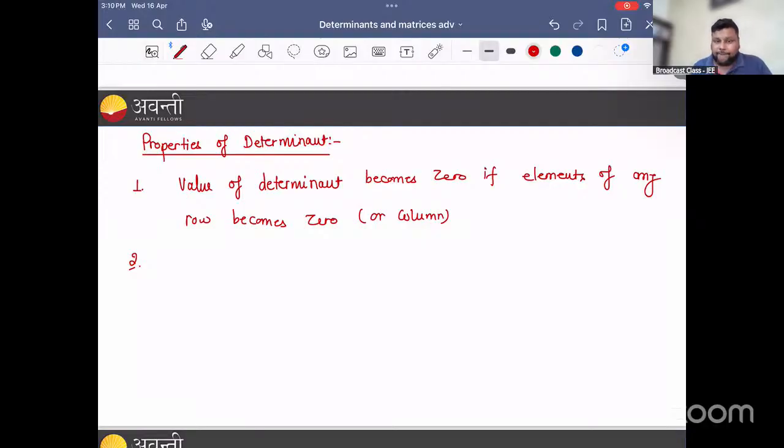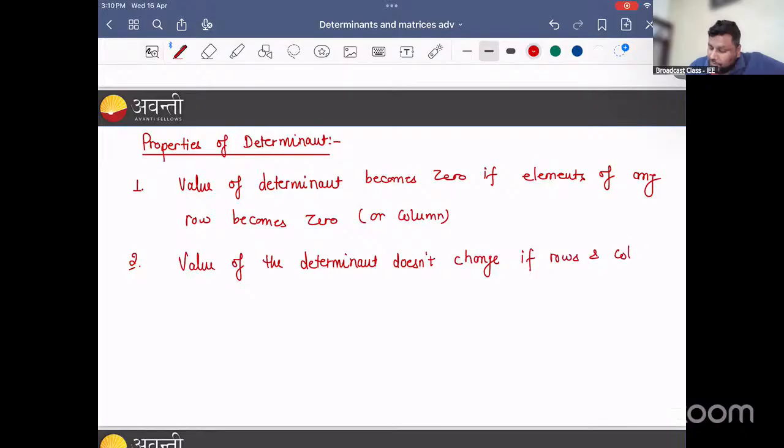Second property, value of the determinant does not change if rows and columns are interchanged.